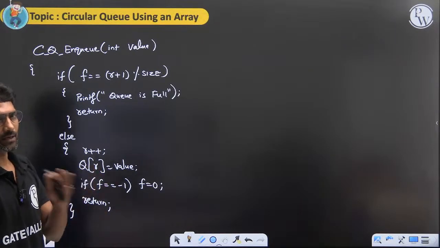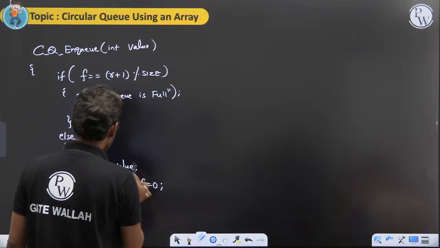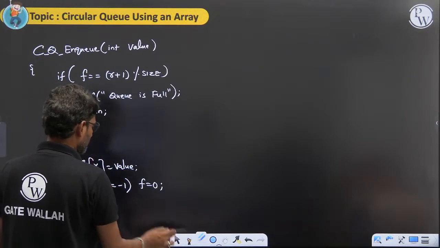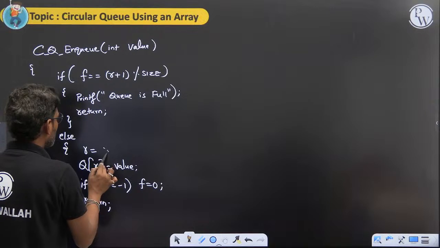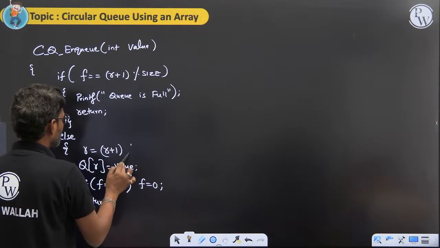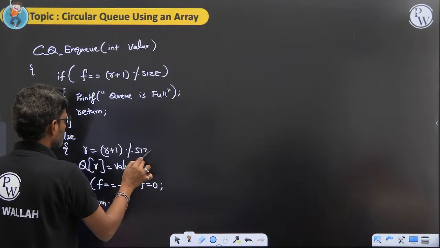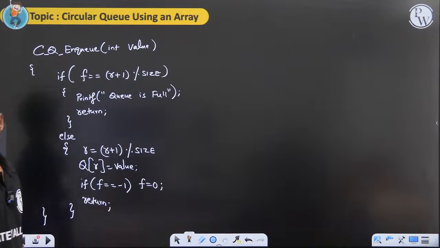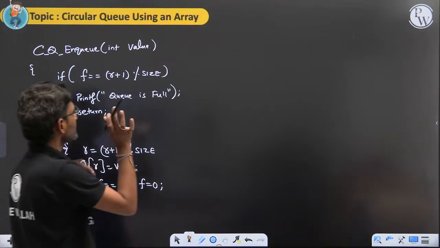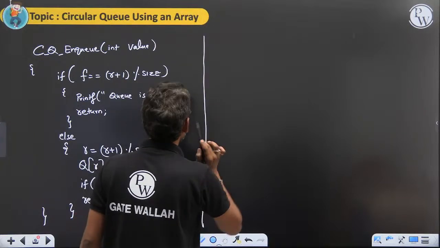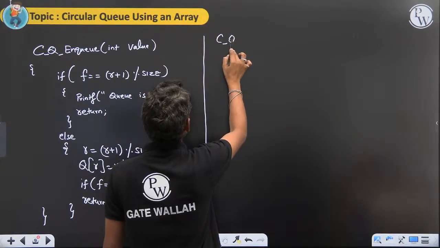But this is a circular queue, no? So what you have to do? Instead of a simple increment, you should do rear is equal to (rear plus 1) mod size. Right? Now this is the enqueue operation. Now what is dequeue?